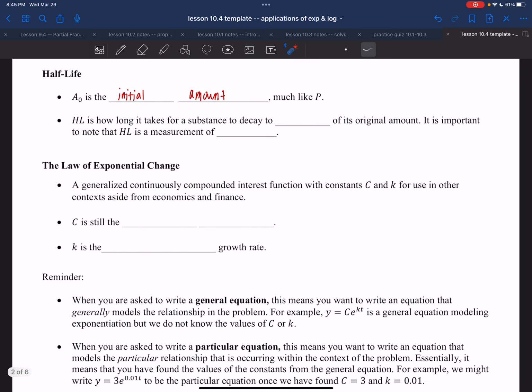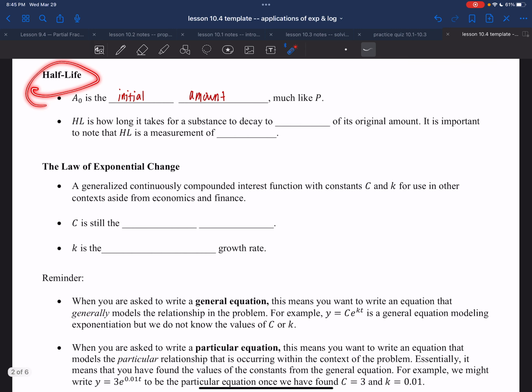Well, when you're talking about half-life, we don't use half-life equations for finance. At least I don't think I've ever seen that, because it's usually biological or physical. So this is more of a biology thing or a chemistry thing with half-life.